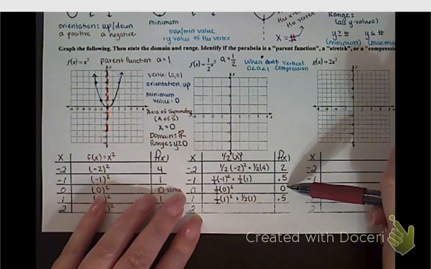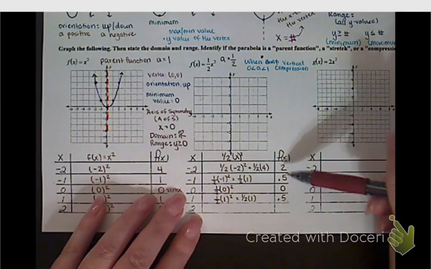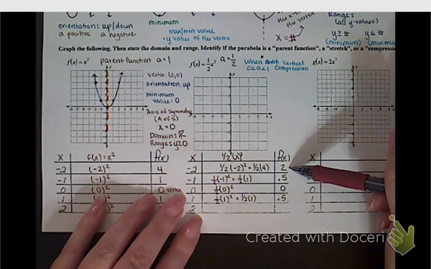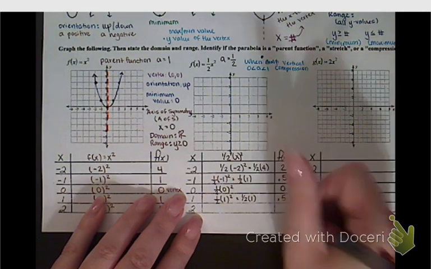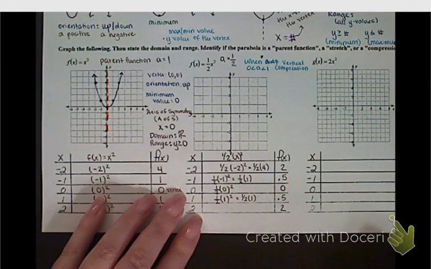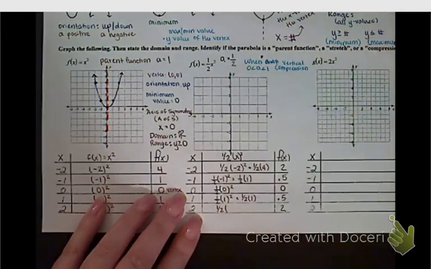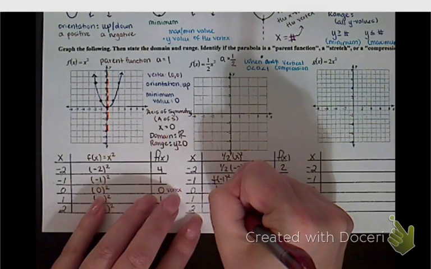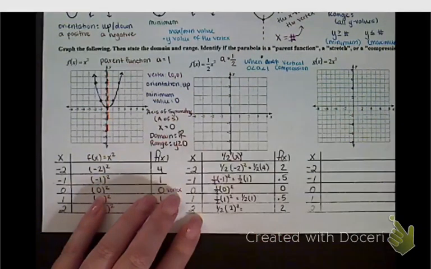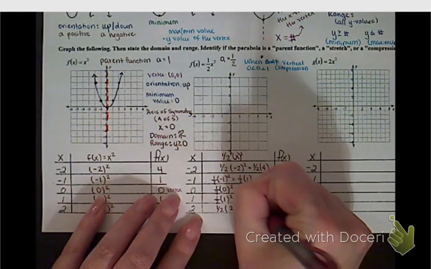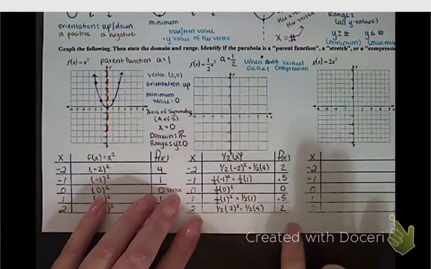So here's going to be my vertex, and then on either side is symmetrical. So without doing math, I can pretty much assume that this is going to be 2, but let's just make sure, because maybe we did our math wrong up here. So 1/2 times 2 squared is 1/2 times 4, and half of 4 is 2. Okay, so there always is going to be some symmetry there.